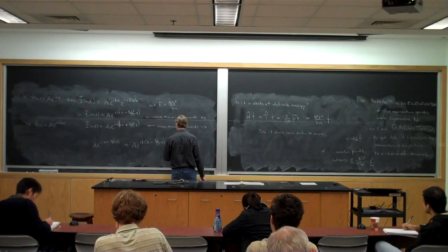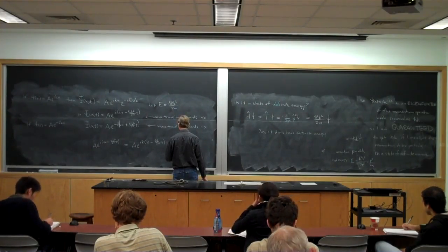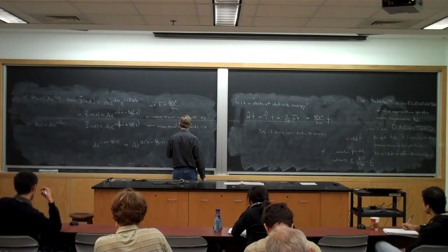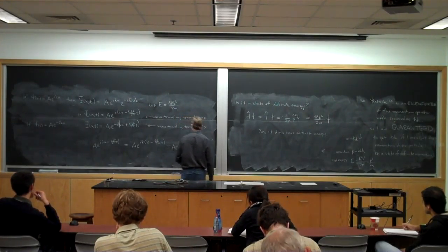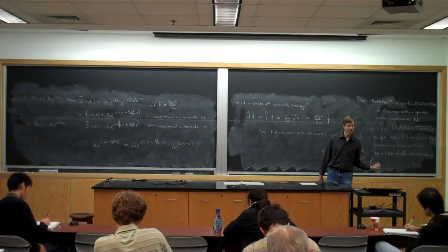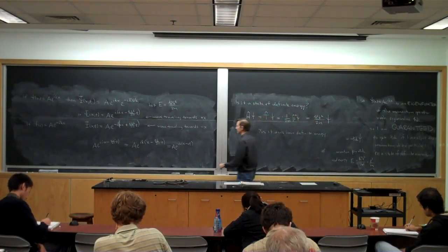And now I've written it in the form A e to the ik(x minus vt). I've written it as a function of x minus vt so that I can read off the speed from that.